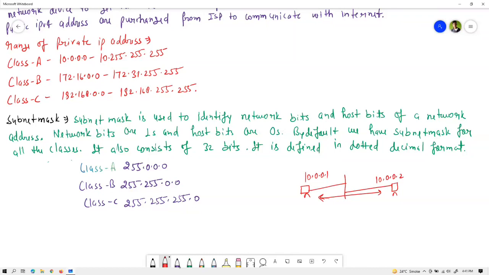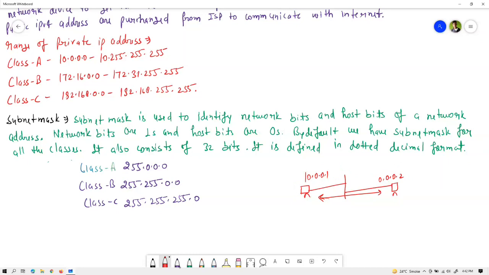Let's say PC1 is trying to ping PC2. Before sending the ping and any packet over the network, this initiator PC will verify whether the destination IP belongs to the same network or a different network. How can this be determined on the endpoint?